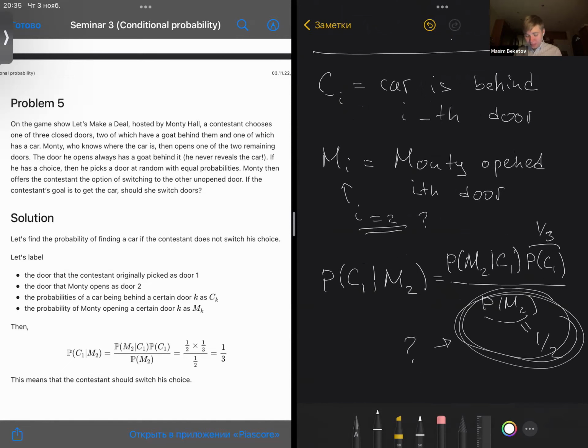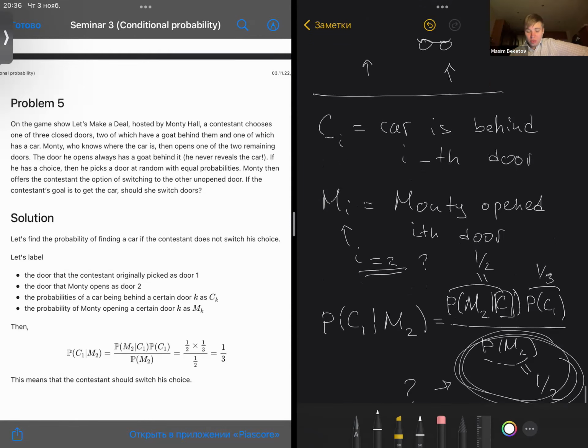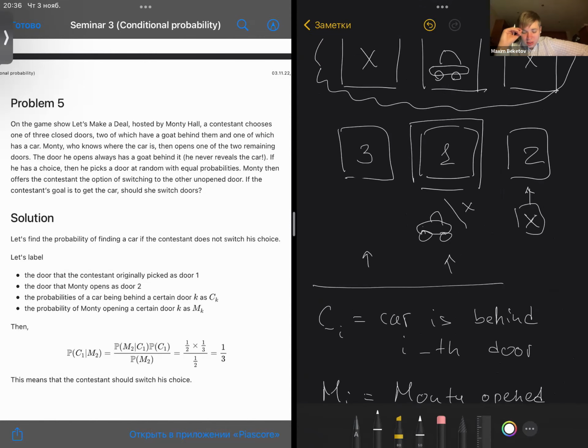But anyway, this conditional probability, that Monty opens door number 2 if you've chosen the first door, I guess is also 1/2 in this solution, and so the solution tells you that it is 1/3, which is smaller than 1/2, because it seems that if you change your choice, there are 2 doors left, and the chance of winning would be 1/2, which is larger than 1/3. Yeah. But to be honest, this is not an end.